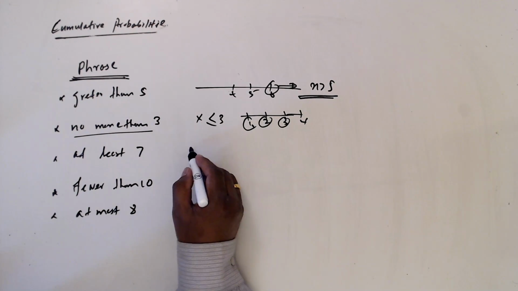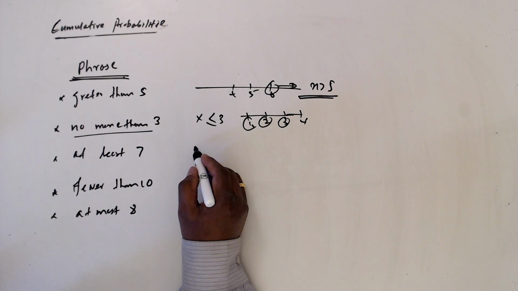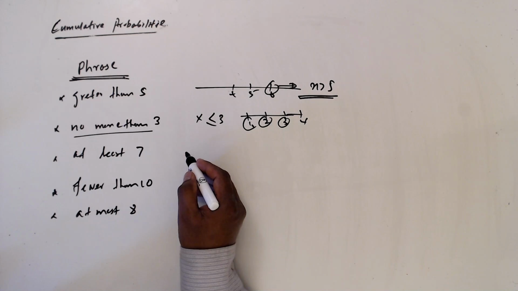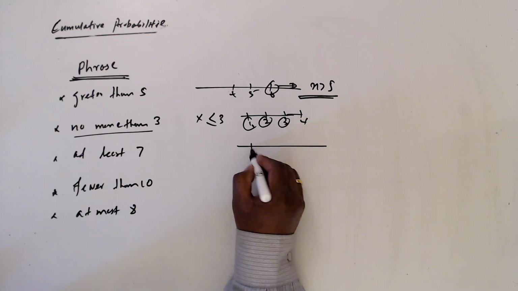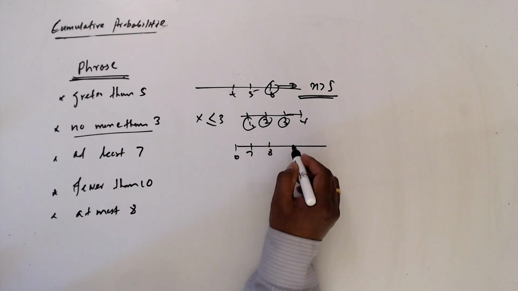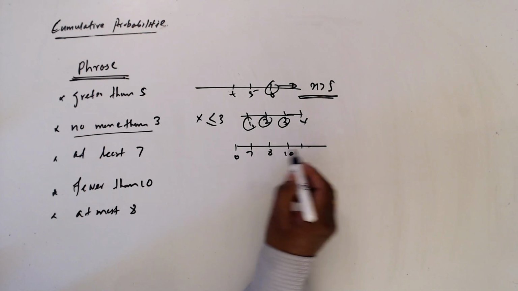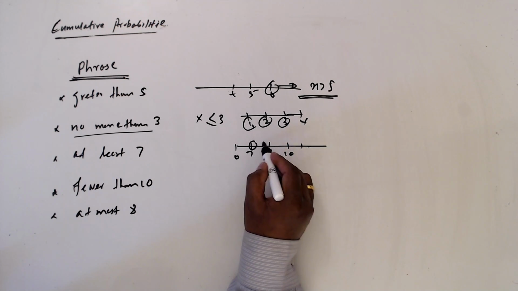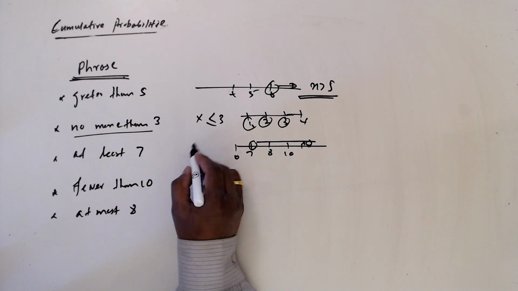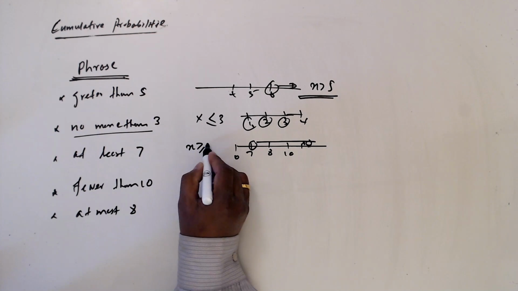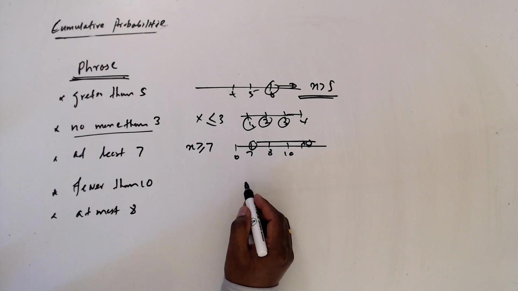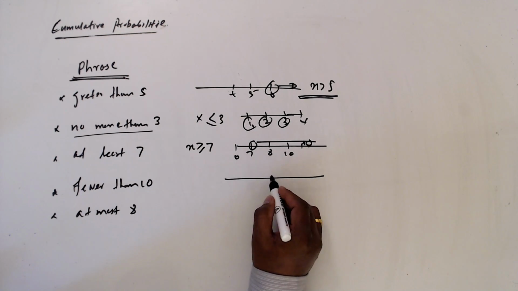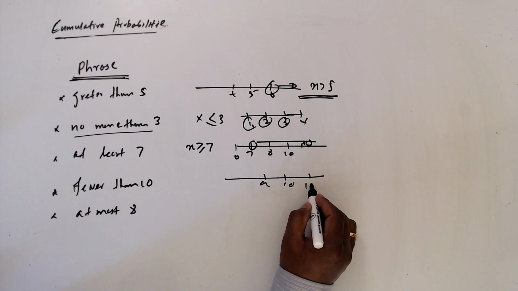And at least 7. At least 7 means the minimum value should be 7. So when you have 7, 8, 9, 10 onwards, at least 7 means including 7 onwards. So x greater than or equal to 7. Fewer than 10. Fewer than 10 means 9, 10, 11.